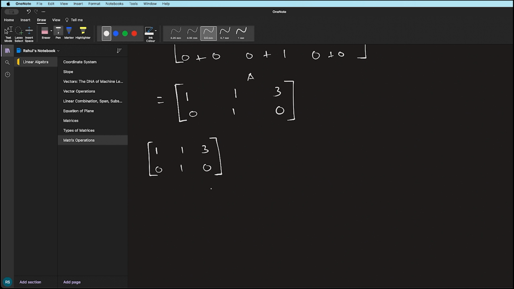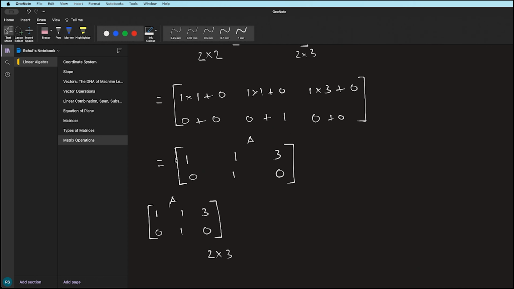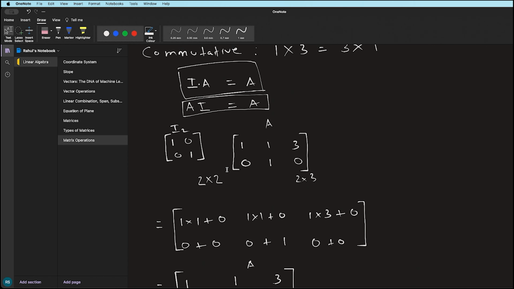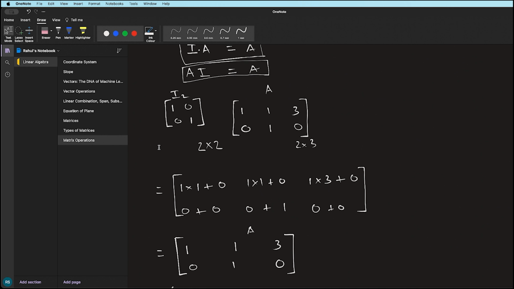This is a 2 cross 3 matrix, and this is the matrix A. In the above case, A was the second matrix and I was the first matrix.